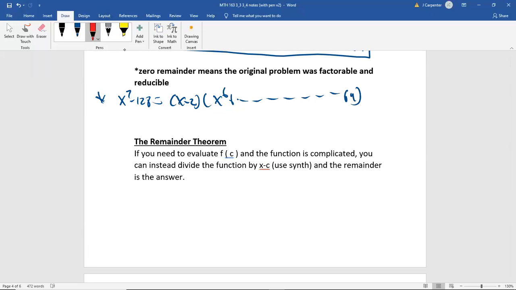We don't do a lot of proofs in this course, but here's the proof. Back when we showed our original division, let's say we had some top, which I'm going to call f of x, and we divide it by x minus c. This is going to be equal to whatever your quotient is plus whatever your remainder is over x minus c.